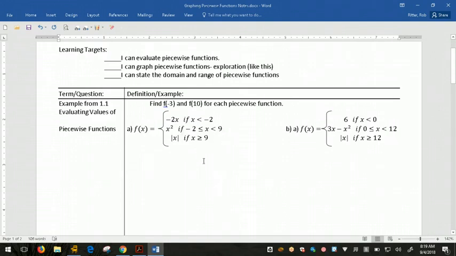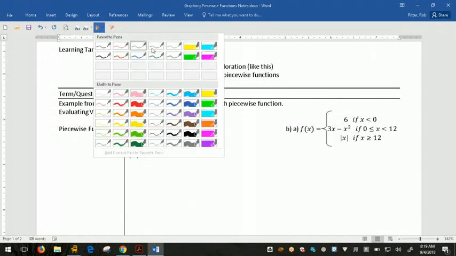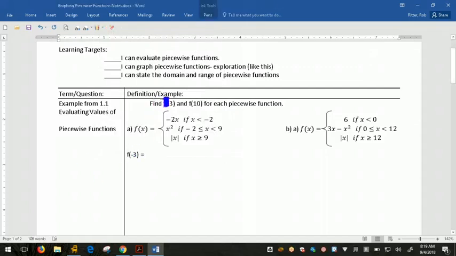So when we're asked to find f of negative 3, we are inputting negative 3 for x. So instead of x, we have f of the opposite of 3. We should not do this for all functions, because not all functions are going to be graphed where x equals negative 3.